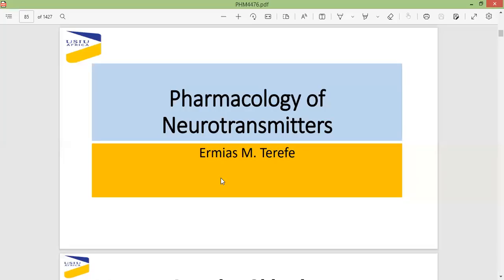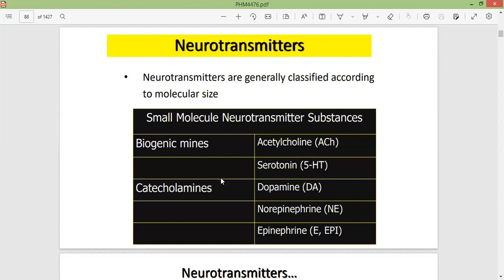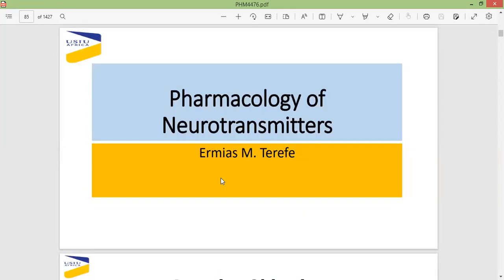So quickly, we'll now go through the neurotransmitters. Shafi already gave us a summary of how neurotransmitters work. They are synthesized, stored, released, they bind to the receptors, and then they are inactivated or recycled.